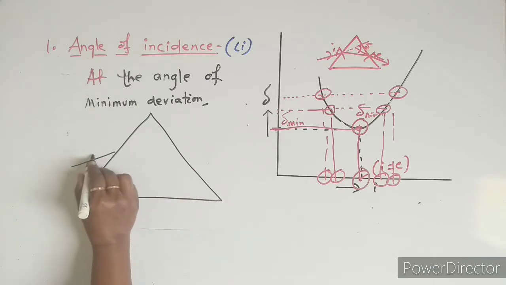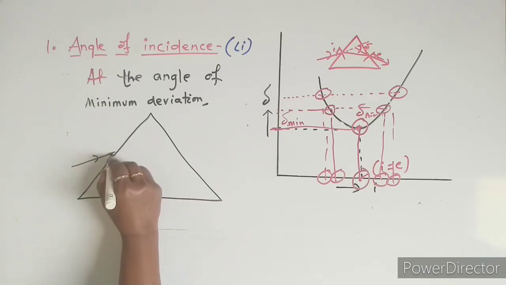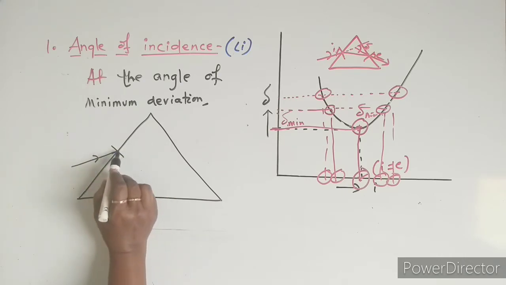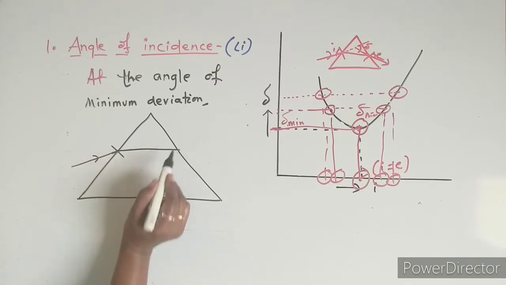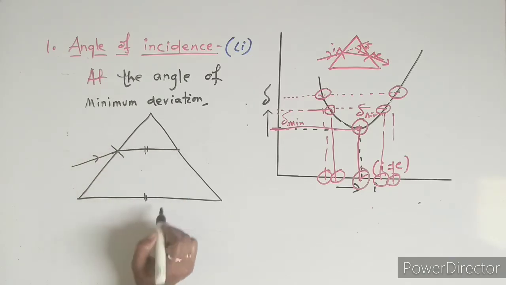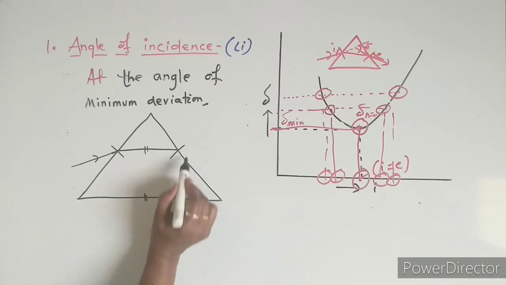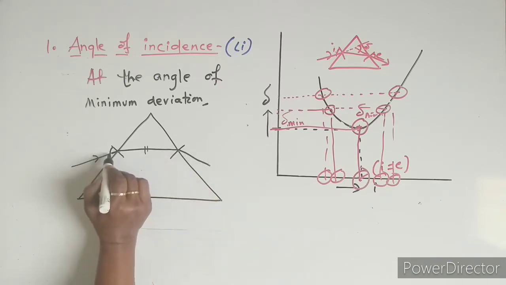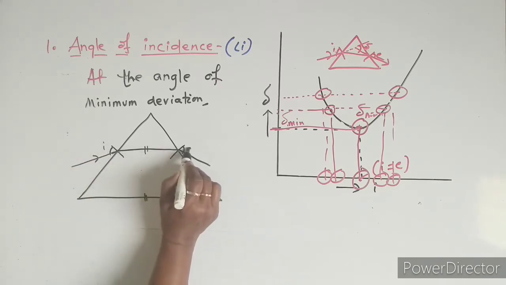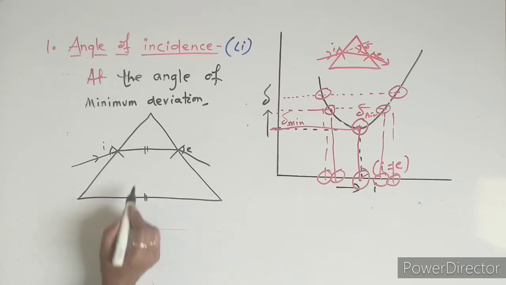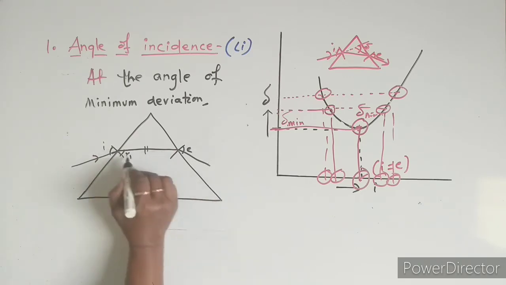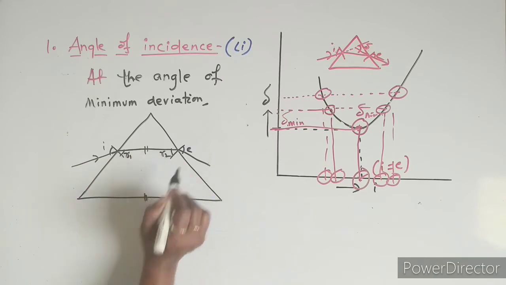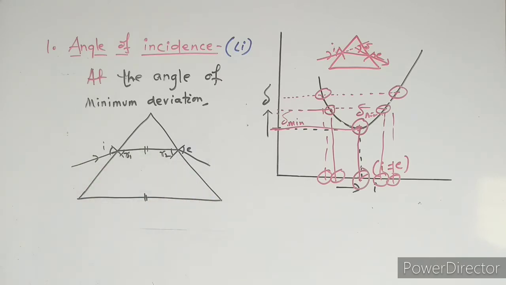If it strikes, this one will be perpendicular and this refracted ray will be parallel to the base of the prism. Angle I will be equal to angle E. And these two refracting angles, R1 and let it be R2, will be equal.